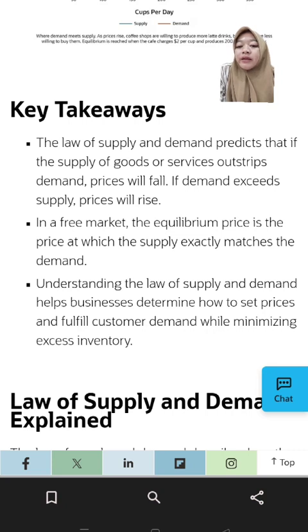In a free market, the equilibrium price is the price at which the supply exactly matches the demand. Understanding the law of supply and demand helps businesses determine how to set prices and fulfill customers' demand while minimizing excess inventory.